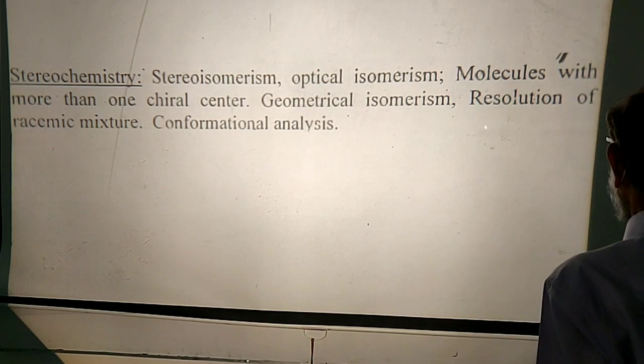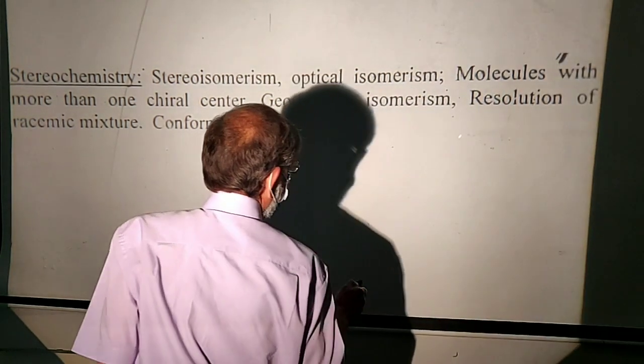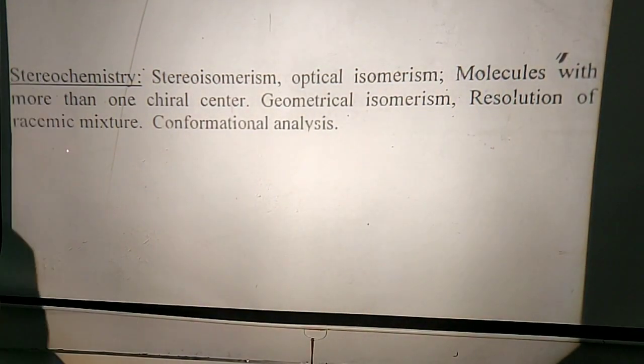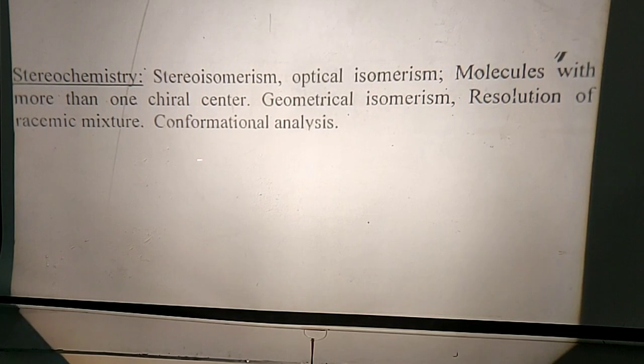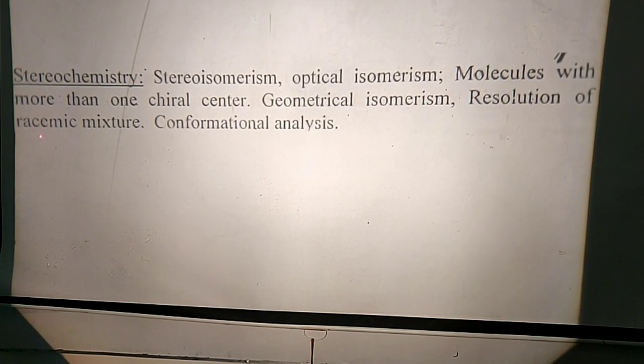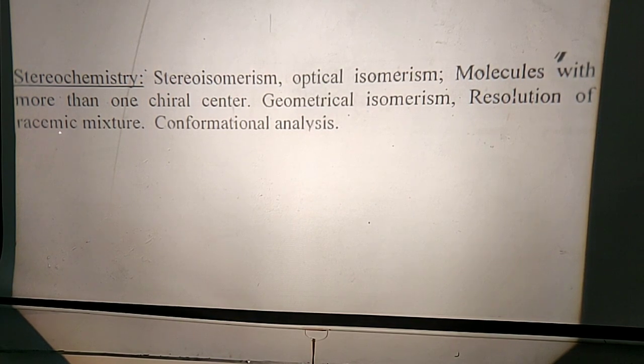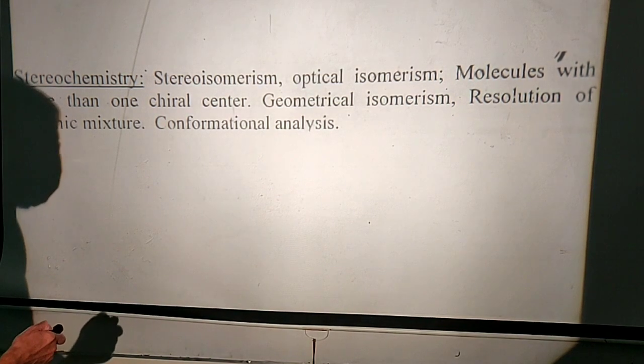Then we will be sharing in this aspect resolution of racemic mixture. Resolution means to resolve, to find out and make the different isomers, that is, to separate one isomer from another. This is called resolution of racemic mixture. Then conformational analysis. So these we will be discussing one by one.